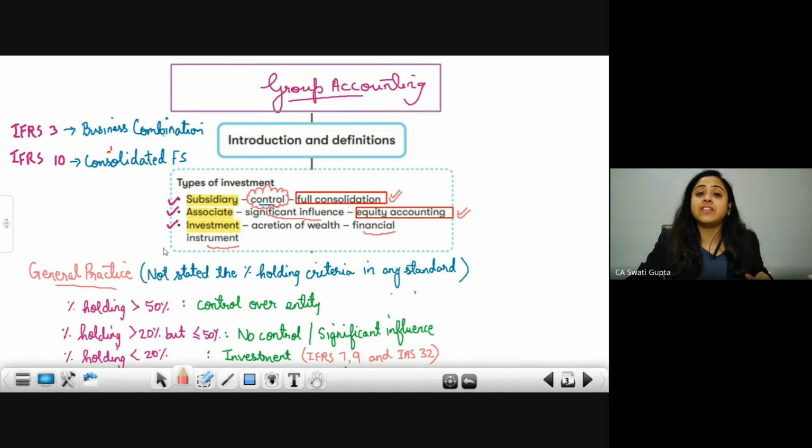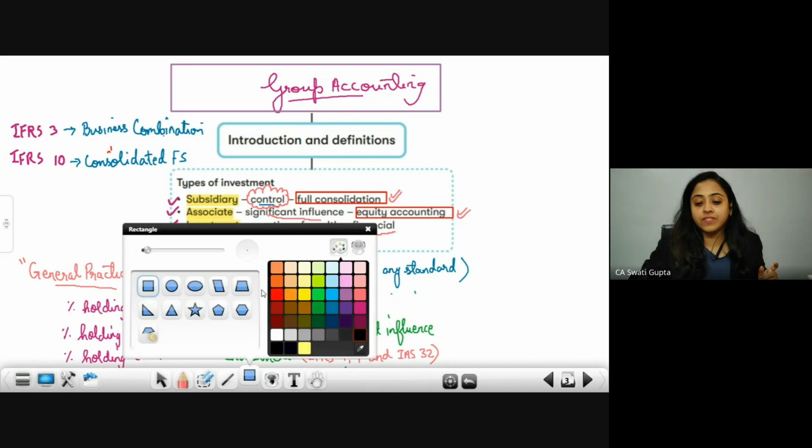But it's a general practice. Even your questions will give you a situation on the basis of percentage holding. So it's a general practice. Please understand, please mark it with a star. It is not given in the standard.